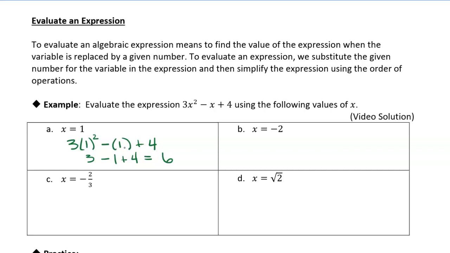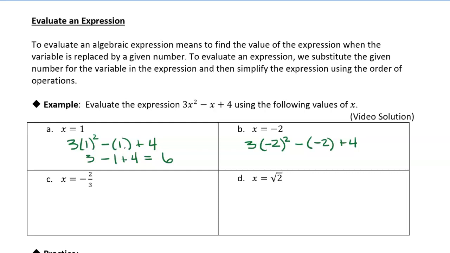Now let's take a look at this next one, and you'll hopefully see why it's important to put parentheses around the input to the expression. So we have 3 times (negative 2) squared minus (negative 2) plus 4. You need to put parentheses around this negative 2, because we need to take negative 2 times negative 2.